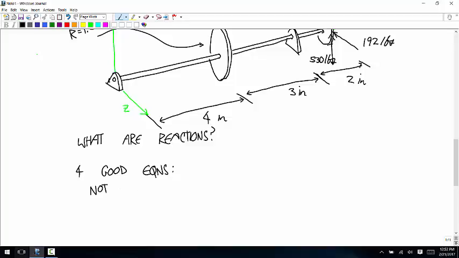We're not going to use the moment equation about x. And we're not going to use the force equation, Newton's second law, in the x direction.